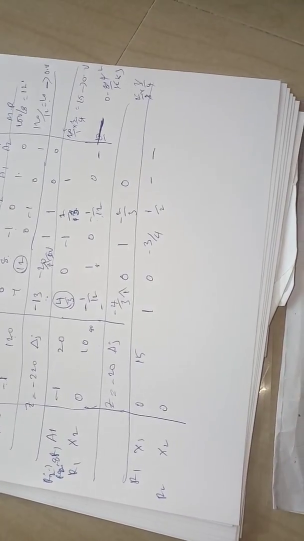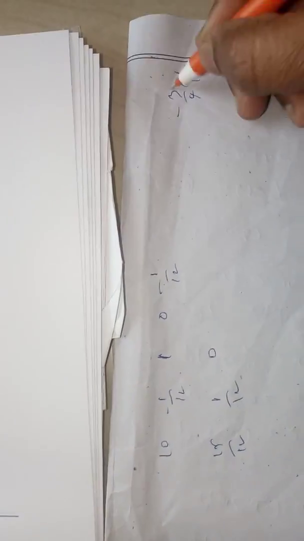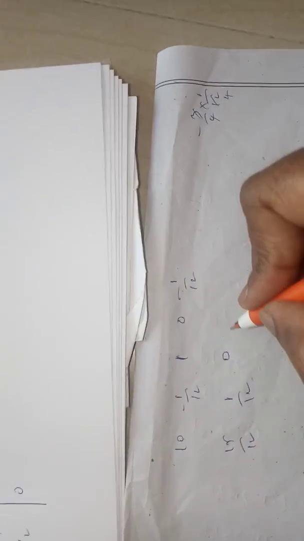So 15 by 12, 1 by 12, 0, minus 3 by 4 into 1 by 12, that is minus 1 by 16, and here the value is 1 by 2.